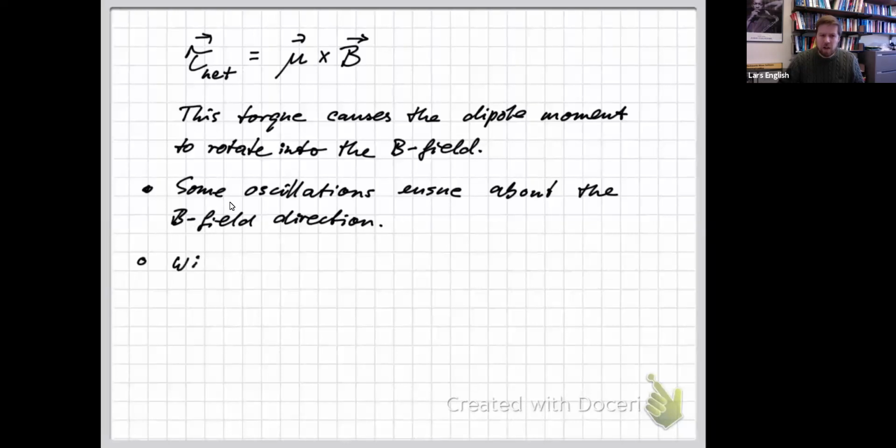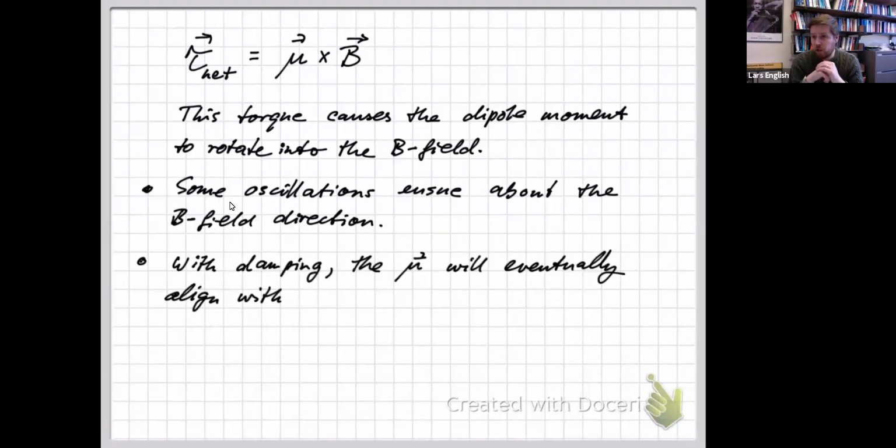But if we have some damping in the picture, as in any macroscopic situation, say a compass needle, the needle might oscillate for a fraction of a second, but eventually it will just align with the field. We get damped oscillations, and eventually the mu finds its preferred orientation, namely aligned with the B field, where the torque vanishes.